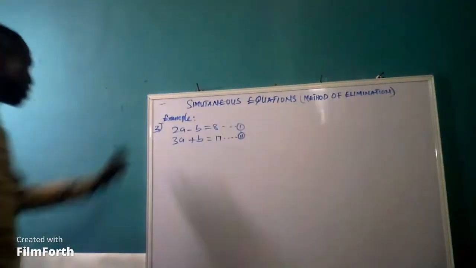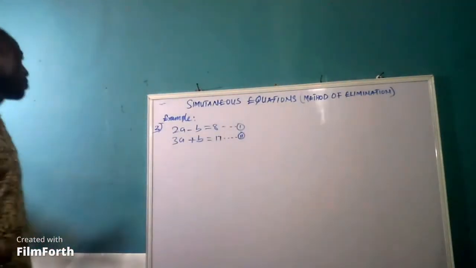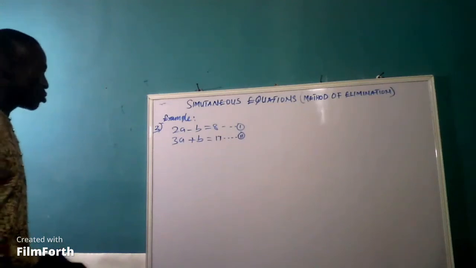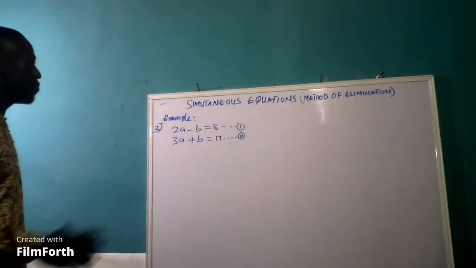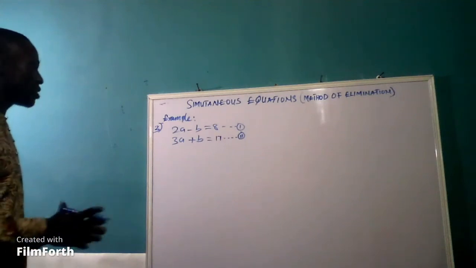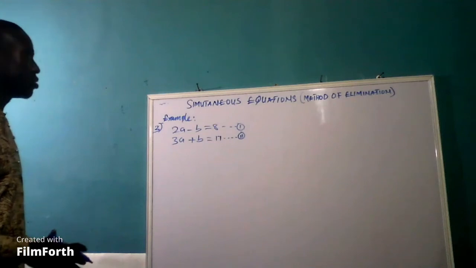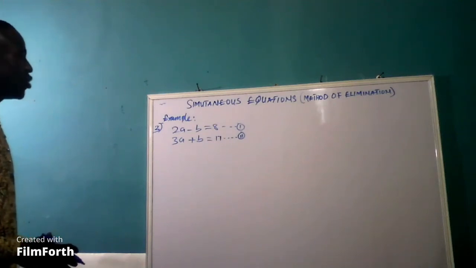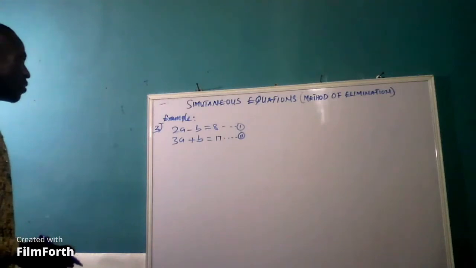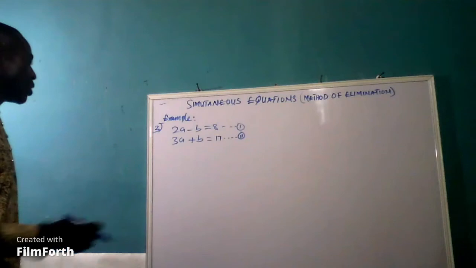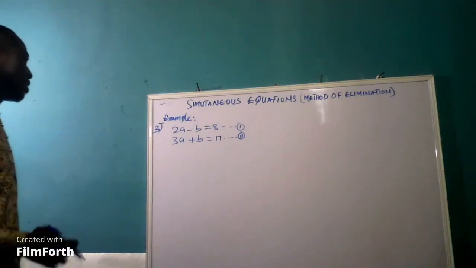So that is that. Let's move to the next example. I have chosen this example 3 just to show you that once you have a system of equations containing two variables, and one variable has coefficients that are additive inverses of each other, just go straight and do your elimination.